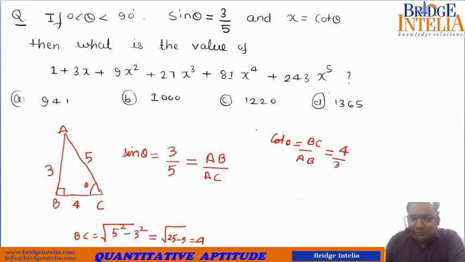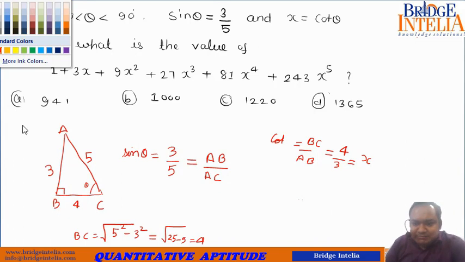If you put this value here, now we have the value of cot theta. So instead of x, we can put the value 4 by 3 because x is equal to cot theta. So now we have found out the value of x in terms of numbers, which came out to be 4 by 3.